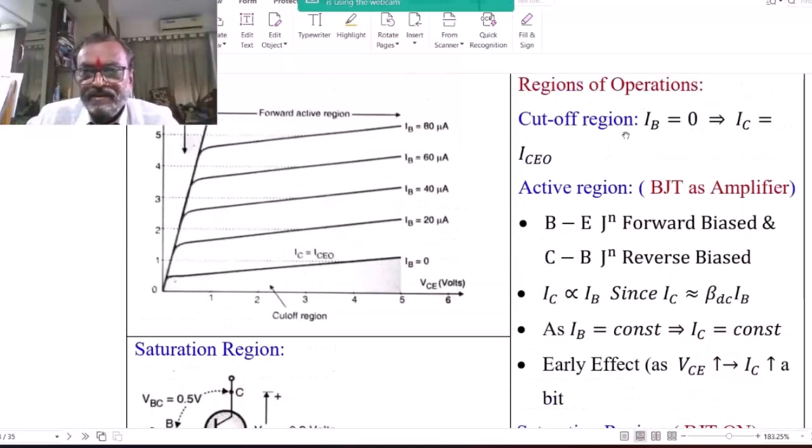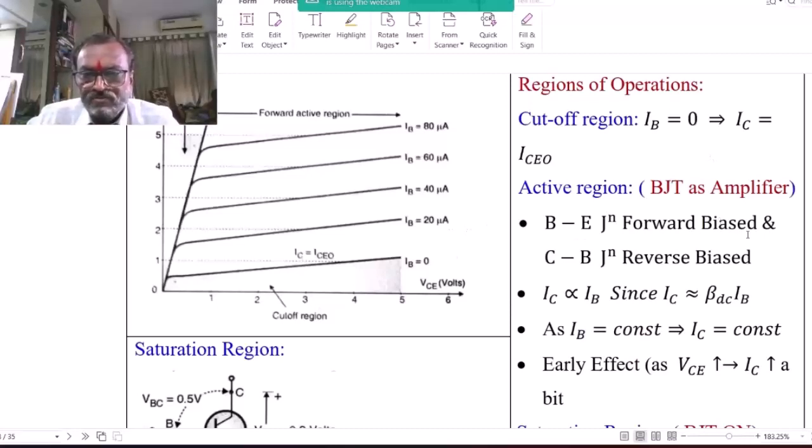Whereas in cutoff region, since IB is 0, it gives IC approximately equal to the reverse leakage current. Since beta into IB is 0, the current IC equal to beta into IB plus ICO is equal to ICEO only. That is due to the thermally generated charge carriers. In active region, BJT acts as an amplifier.